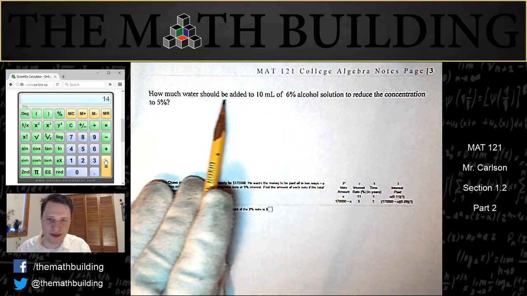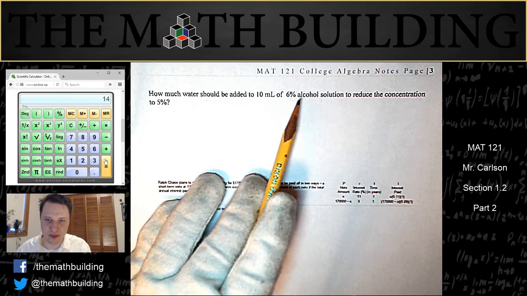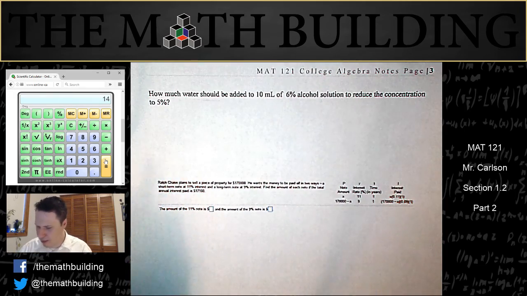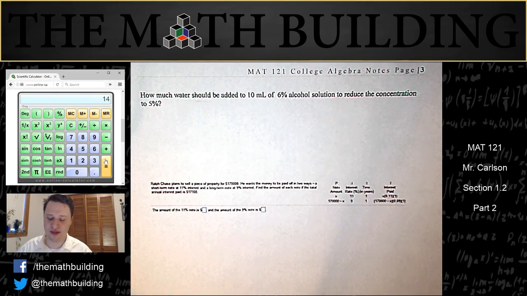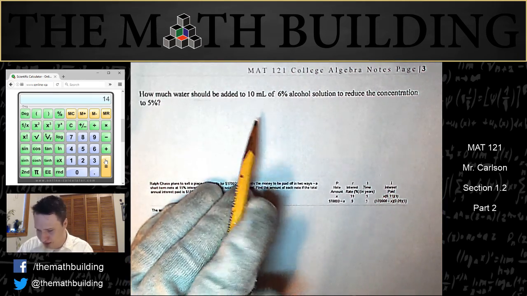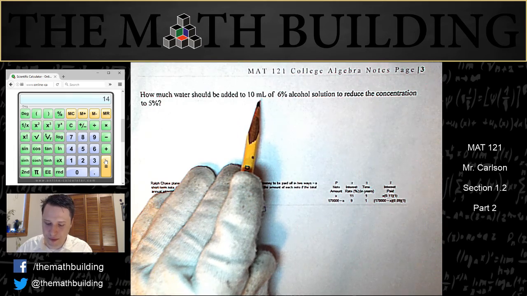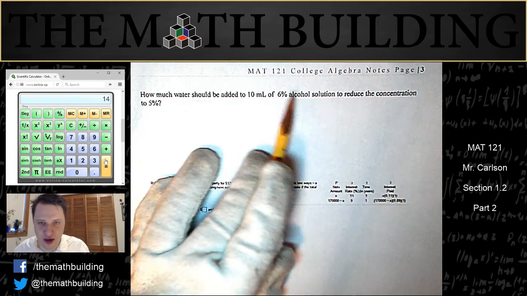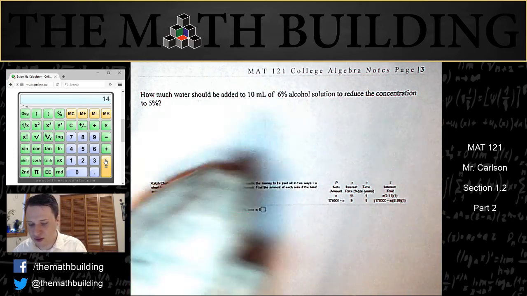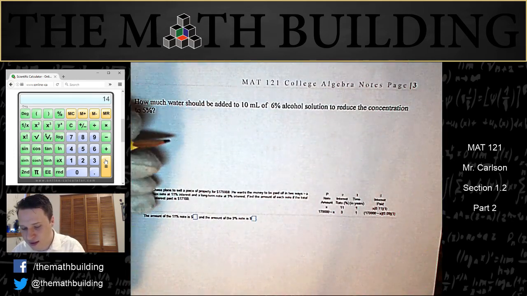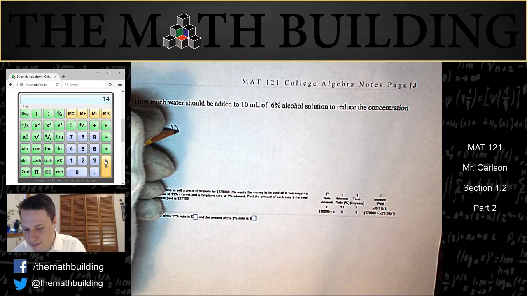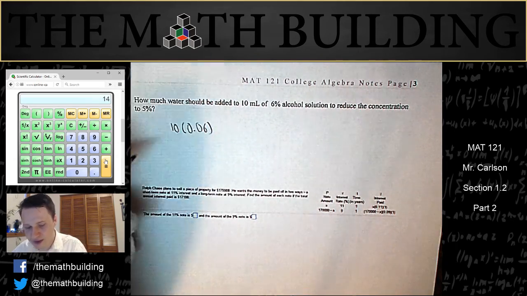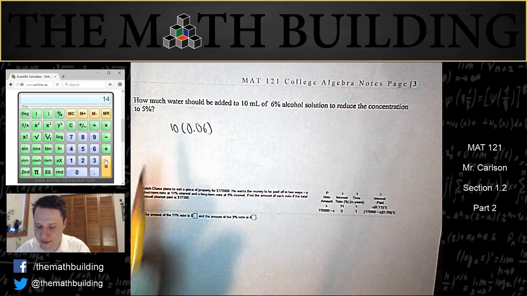The way you would do this problem is, you want to remember that with these concentration problems, you always want to do the percent times the amount to find out how much alcohol is in this solution. So 6% of 10 milliliters is going to be 10 times 0.06. That's 6% of the 10 milliliters.